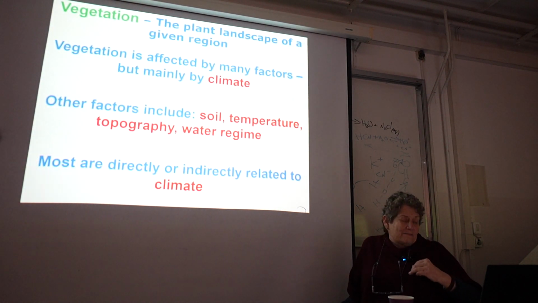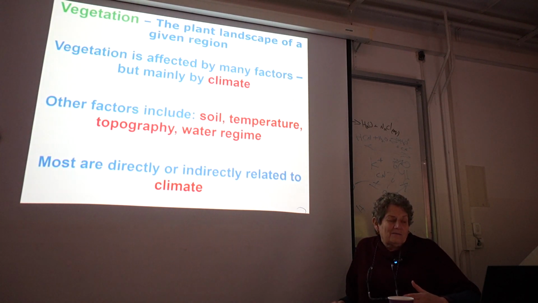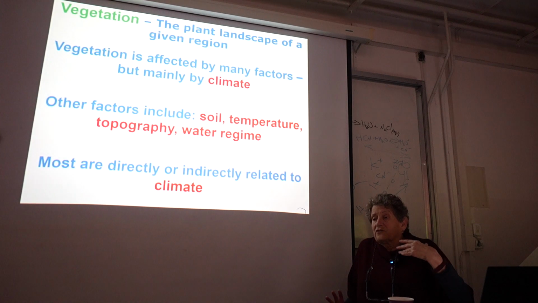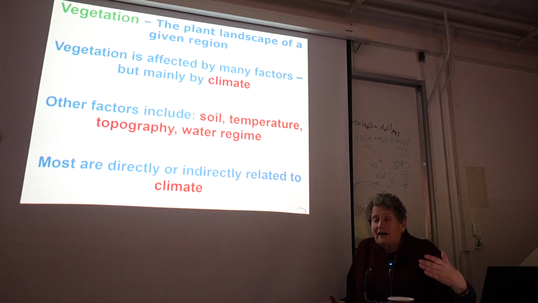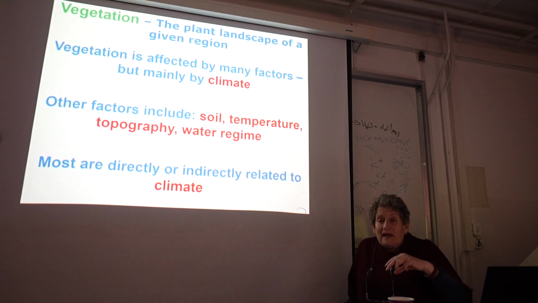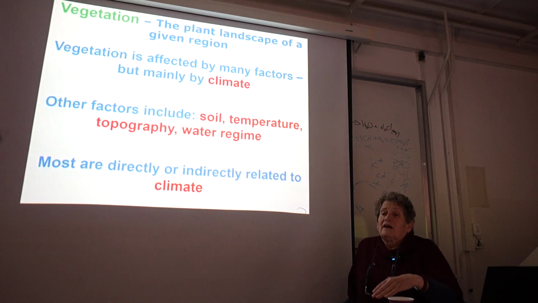So we spoke about plant species, and we spoke a bit about different plant life forms. And now we're going to talk about the vegetation as we find it in different geographic areas. The main factor that affects vegetation is climate.